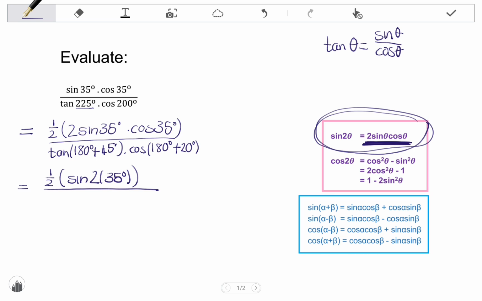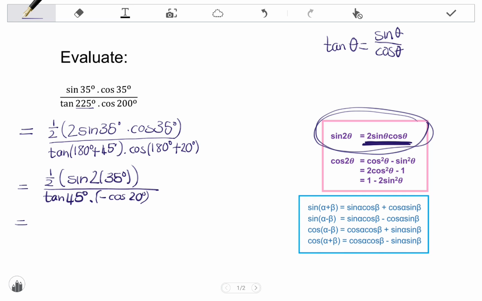In the denominator, tan is positive in the third quadrant, so tan of 180 degrees plus 45 reduces to positive tan 45 degrees, which is a special angle whose value I know. Times cos, which in the third quadrant is negative, so this is going to reduce to negative cos 20 degrees. So let's keep simplifying and see what we are able to do.